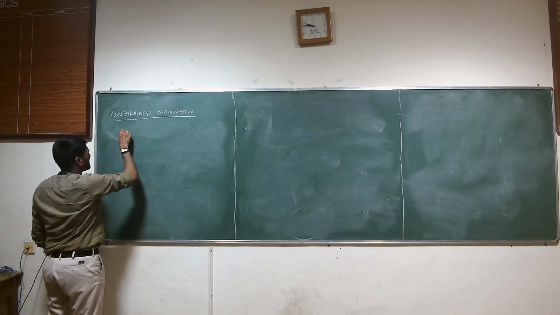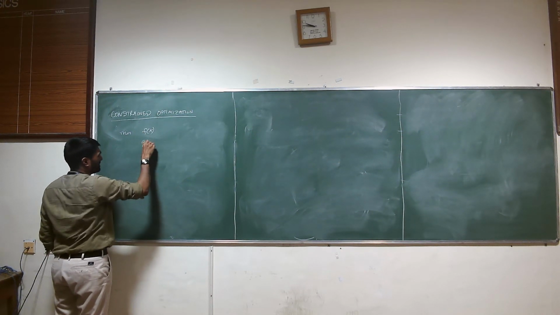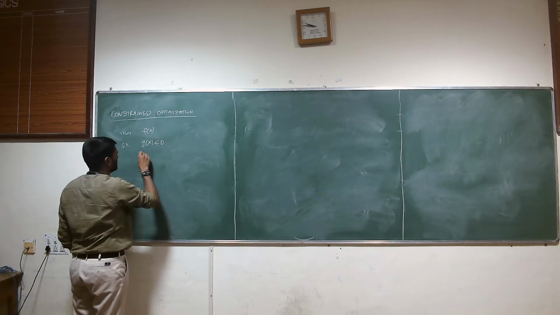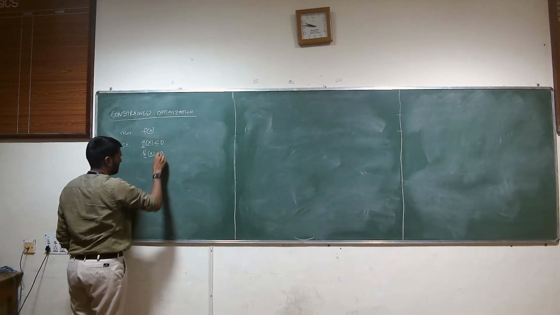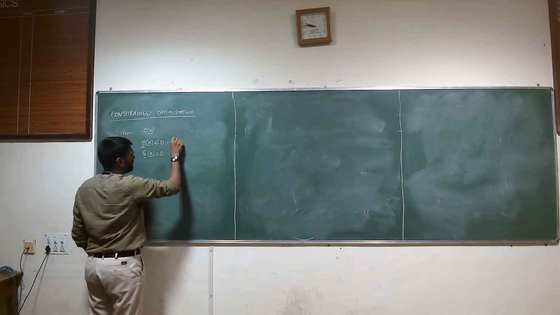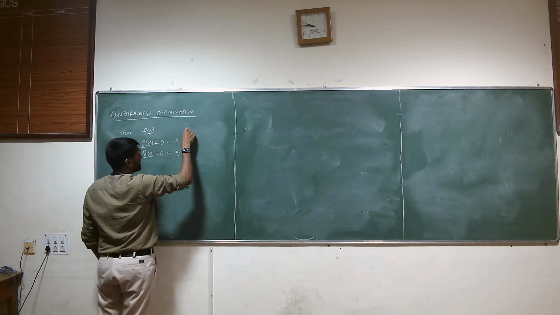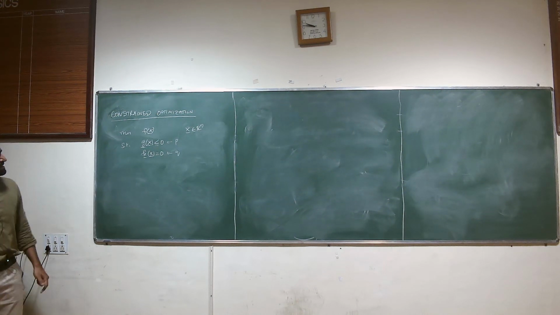Right? And our standard form was, what is this? There are P inequality constraints and Q equality constraints. X belongs to Rn.